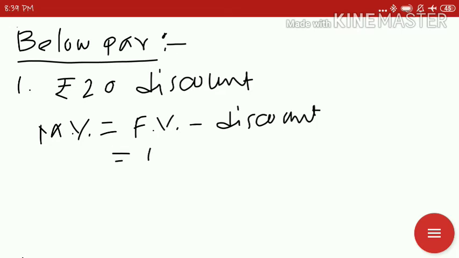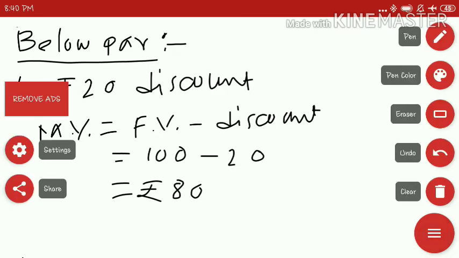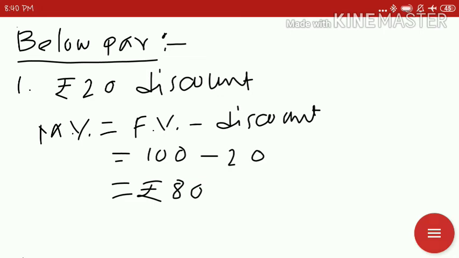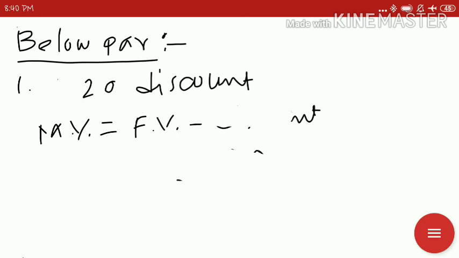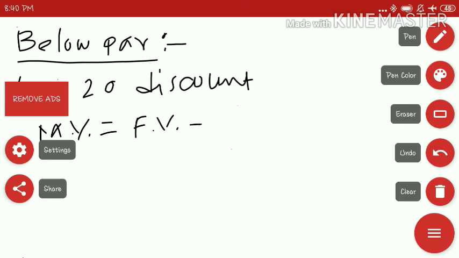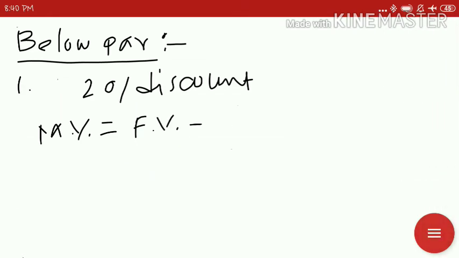That means if the face value is given as 100 then 100, if it is given as 200 then 200, whatever the face value is, you have to write it. So 100 minus 20 will become rupees 80. And now if it is given in percentage, except the rupees sign, say 20%, it will look like FV minus the rate, that 20% into the face value.